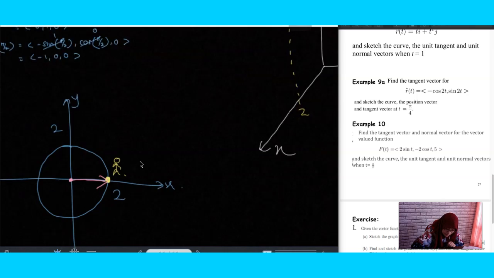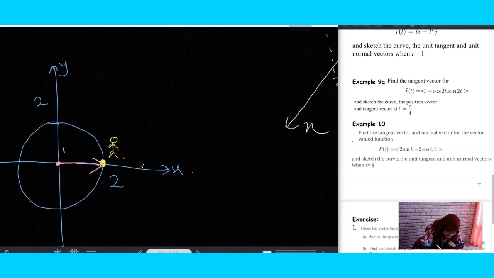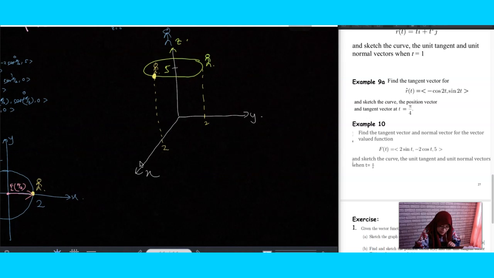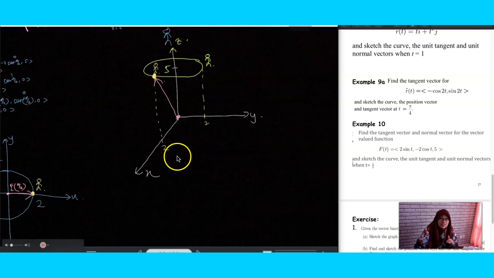Then you can state the label: this is the f when t is pi over 2. So how can you label that in 3D? You start at the origin and you point to that. This is the position vector. How can you sketch the position vector in 3D? Then you just put our label: this is f at pi over 2.